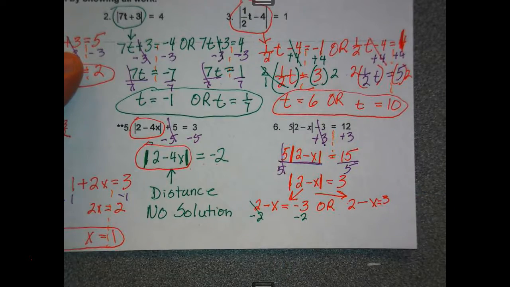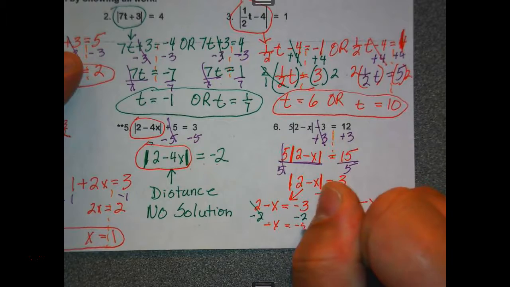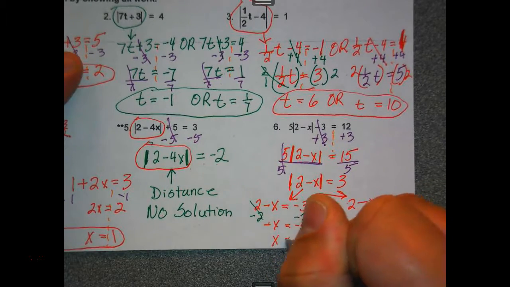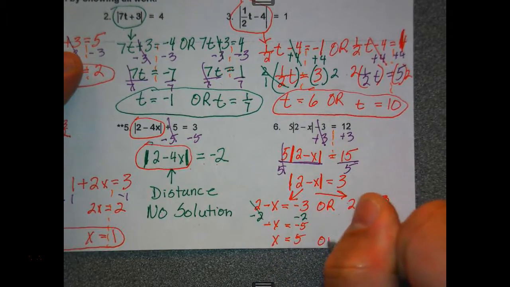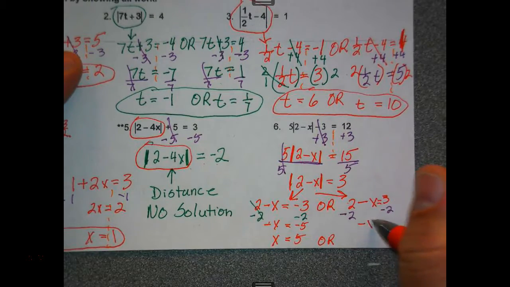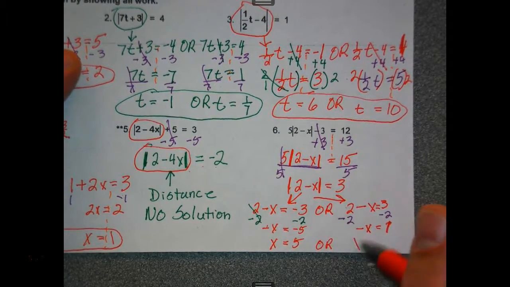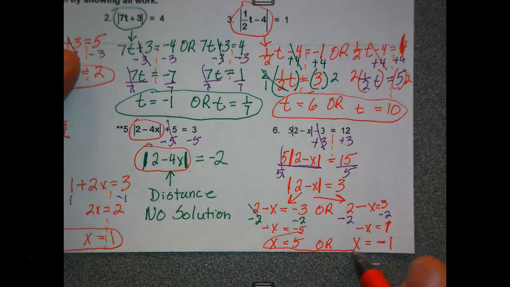I get negative x equals negative 5. So what does x equal? The other one, subtract 2, I get negative x equals 1. Yep, change it to positive, right? Here's my answer.